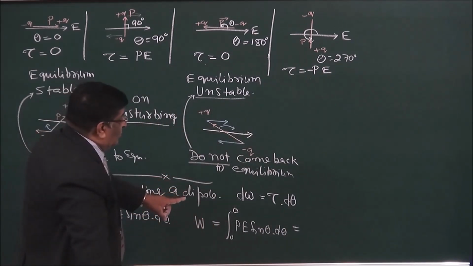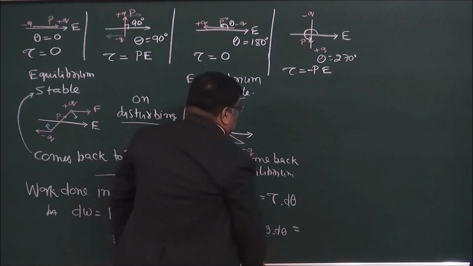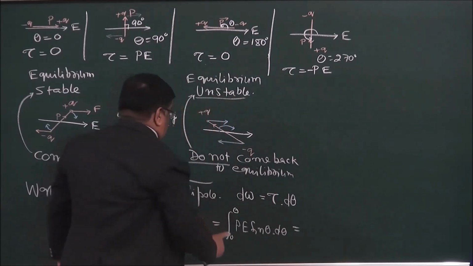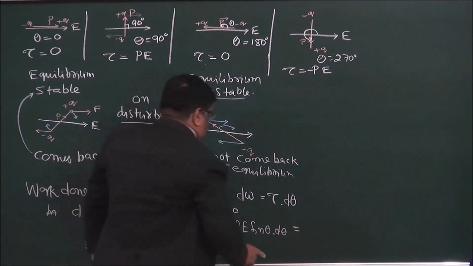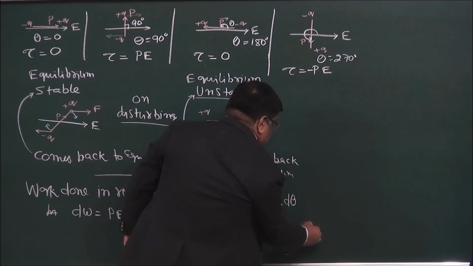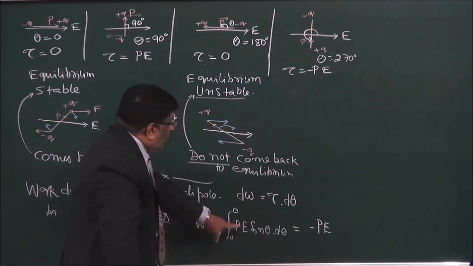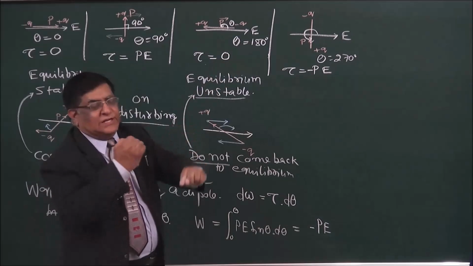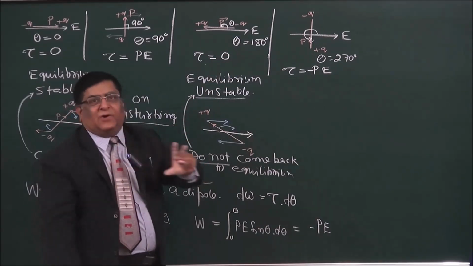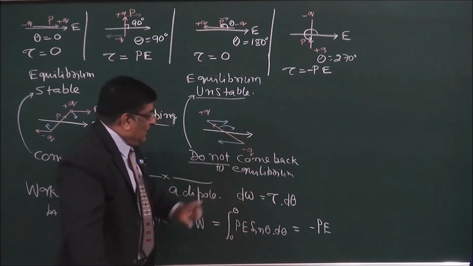That is equal to minus cos theta. So this we can write as minus PE. P and E are constants for a given dipole and electric field. During the rotation, neither P is changing nor E is changing. So these two are constants, they are taken out.